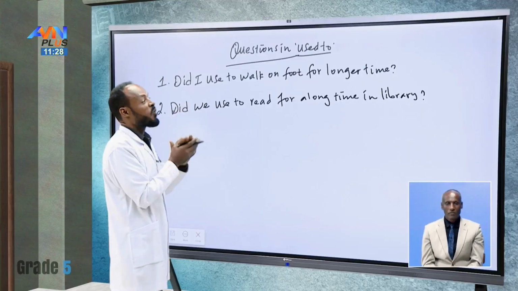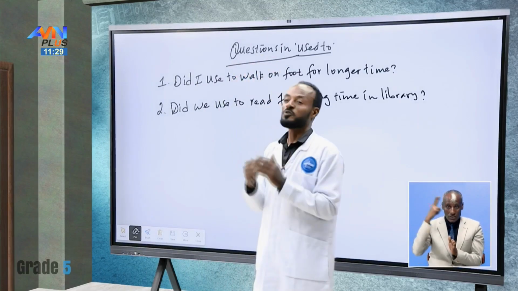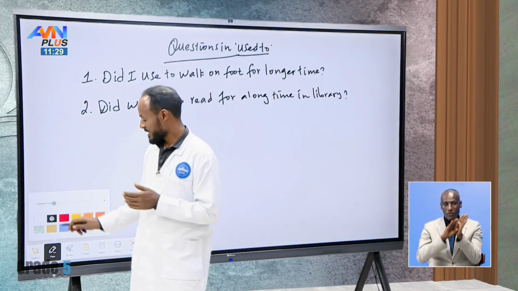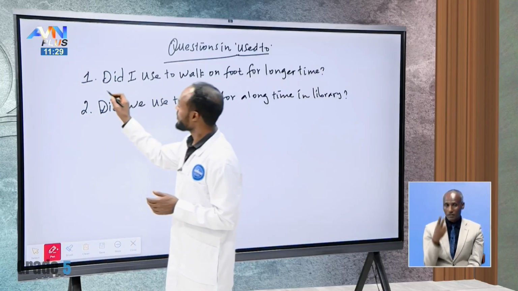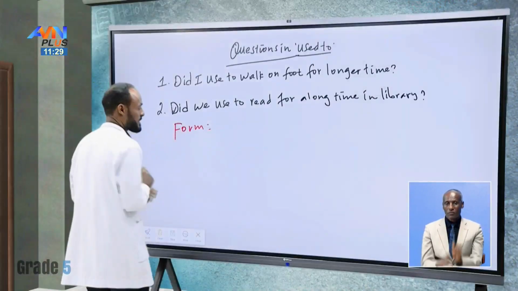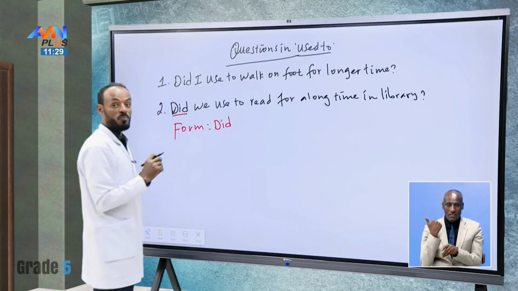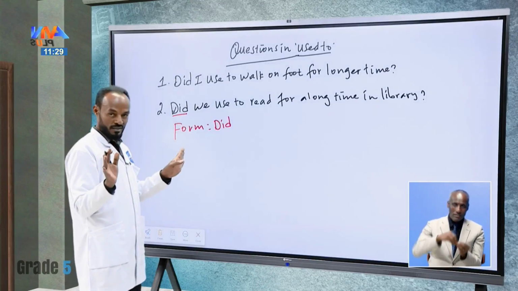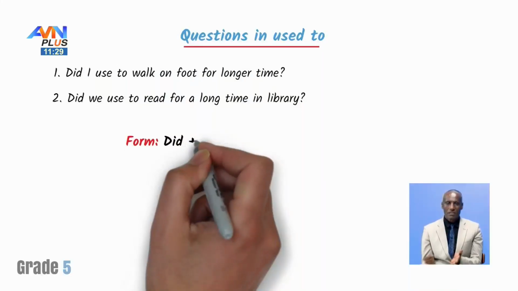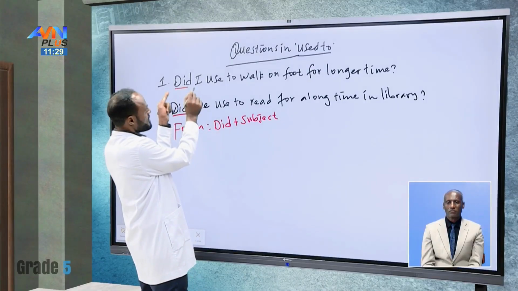So from this one, we can derive the form of questions in used to. So how can we derive? Look, the form of this concept is just here. We can derive from did. This means you have to start from did. Don't worry about the subject. It can be any subject, okay? Then plus subject. Look here, did, subject.